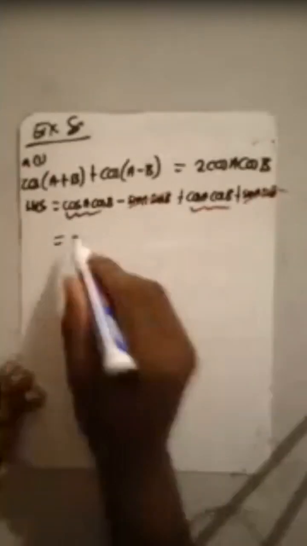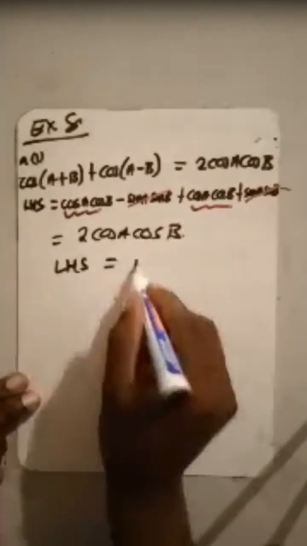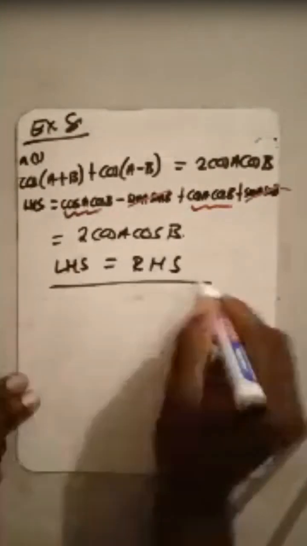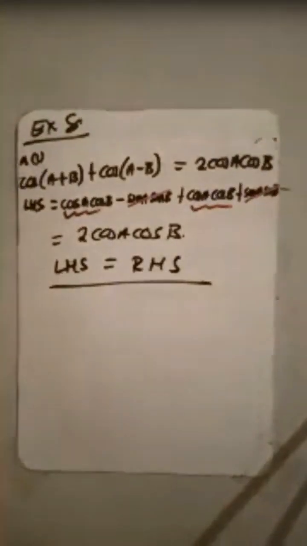Those that are not the same are going to add. So cos A cos B plus cos A cos B is 2 cos A cos B. Now we see that the left-hand side is equal to the right-hand side.